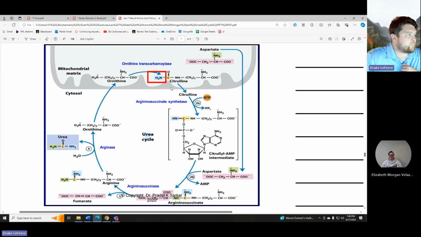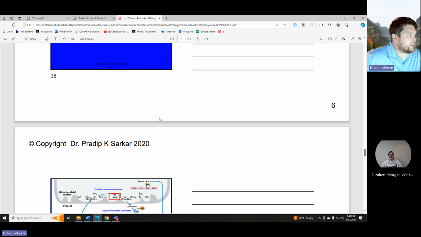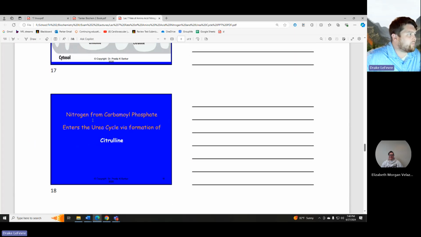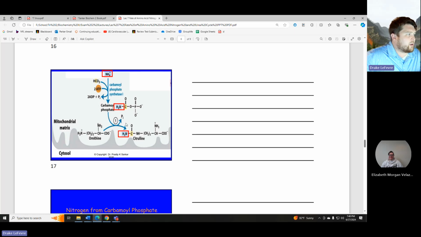But we start up here with citrulline, which, if we take a quick step back, you can compare a lot to glycolysis and then the Krebs cycle, in the fact that there are two separate little reactions.